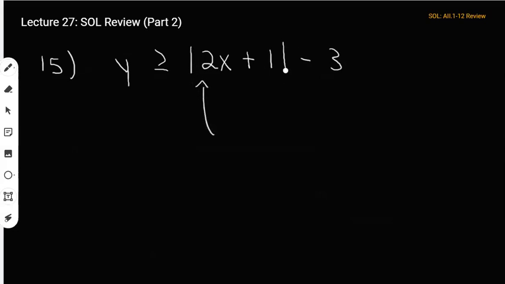So these vertical lines mean absolute value.